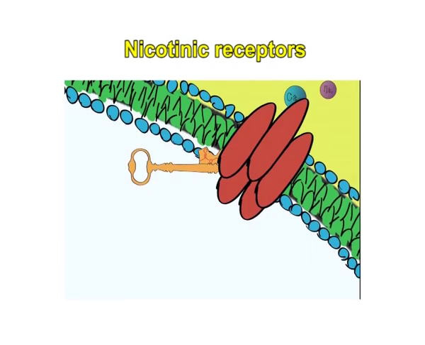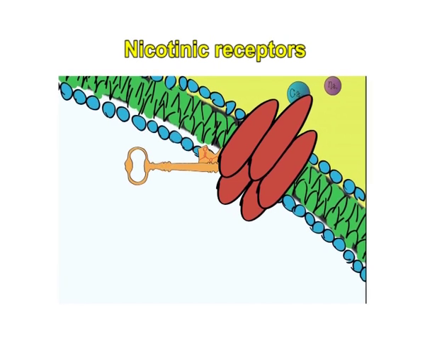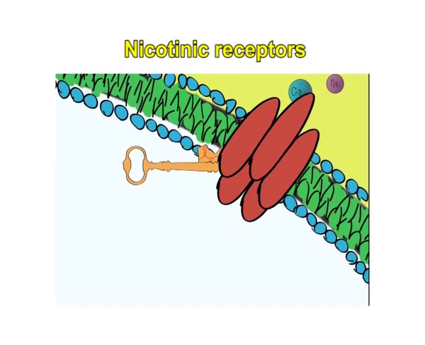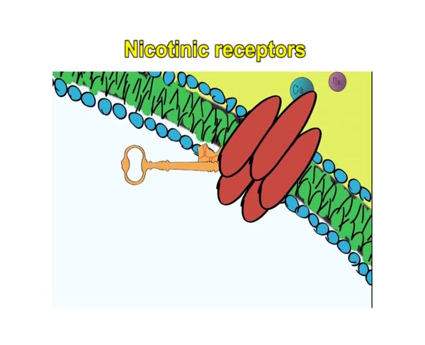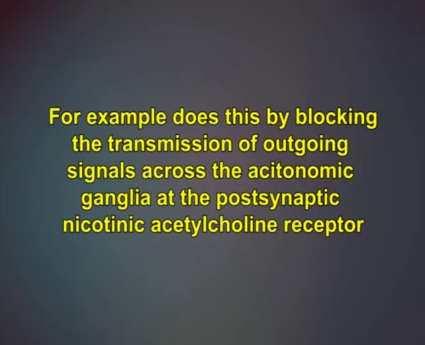Thus, for example, blocking nicotinic acetylcholine receptors blocks both sympathetic and parasympathetic stimulation of the heart. The nicotinic antagonist hexamethonium, for example, does this by blocking the transmission of outgoing signals across the autonomic ganglia at the postsynaptic nicotinic acetylcholine receptor.